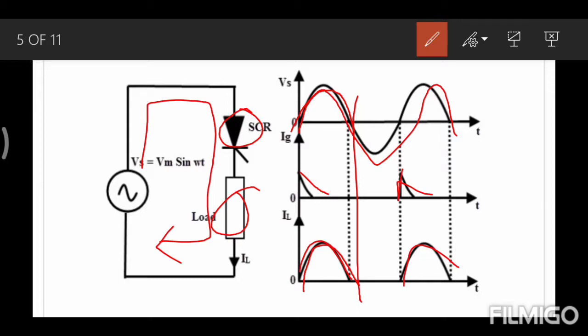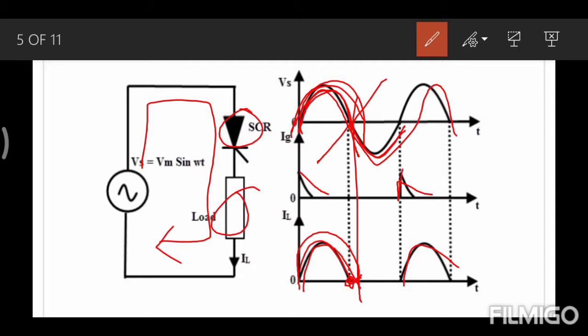Observe here, this is the voltage waveform, the positive half cycle and this is the negative half cycle. During the positive half cycle, the load current is also positive, and when the voltage reaches zero, the current also reaches zero, and the negative half cycle is applied instantaneously.